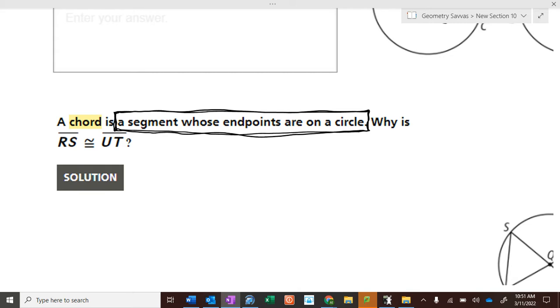A chord is a segment whose endpoints are on the circle.